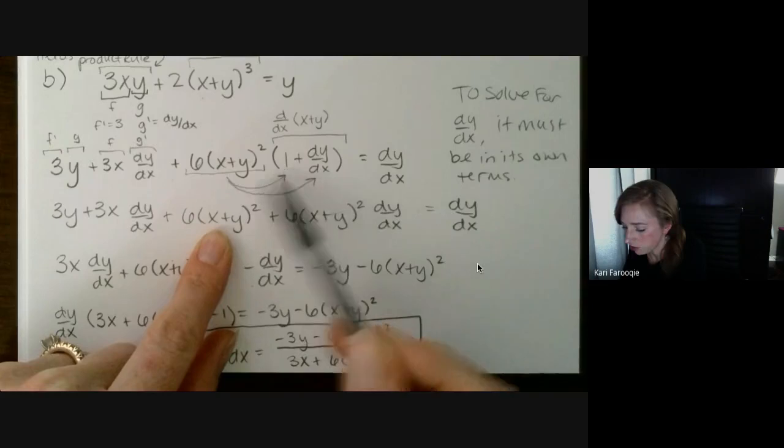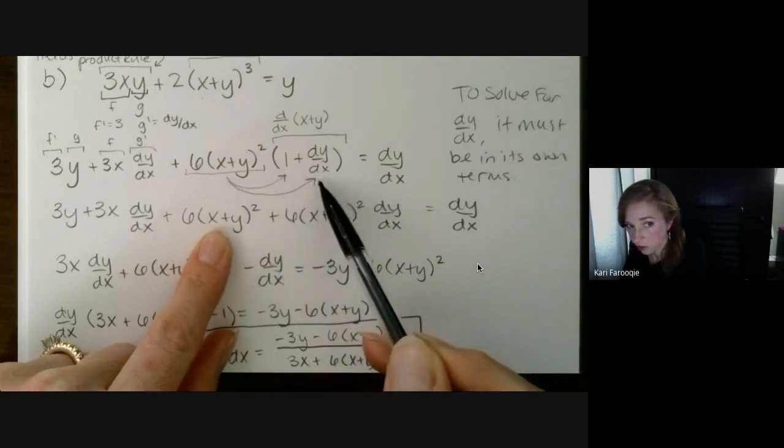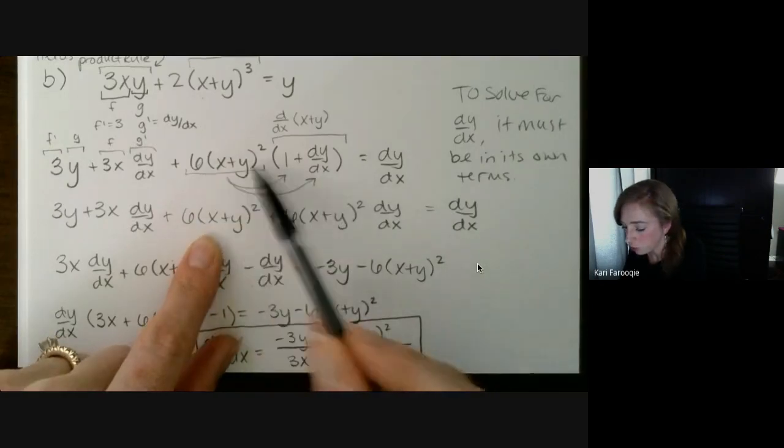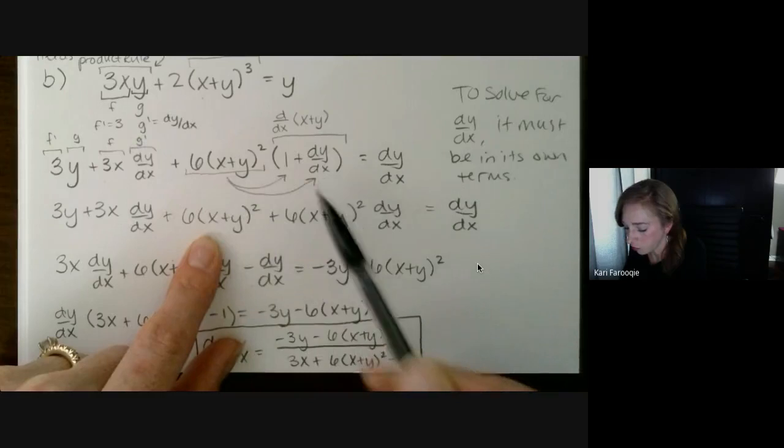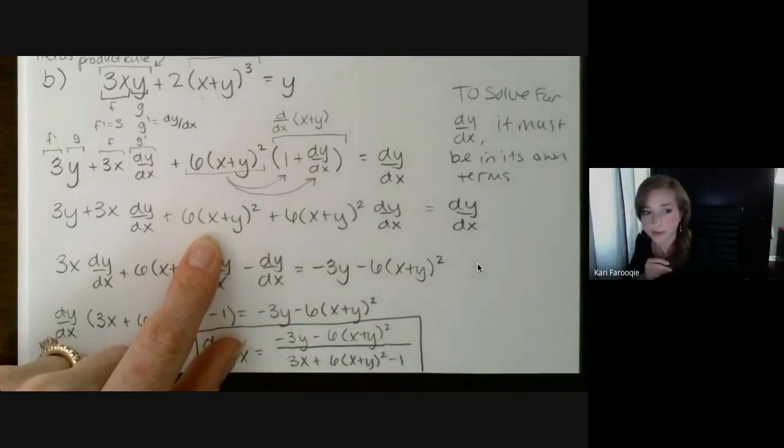So we took this and distributed it into the parentheses. So first we multiplied it by 1, and then we added that to the product of 6 times x plus y squared and dy dx. Okay, thank you. You're welcome. That's always a question I get, so I'm glad you asked.